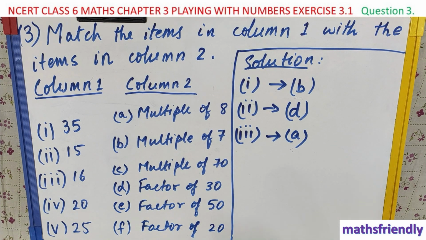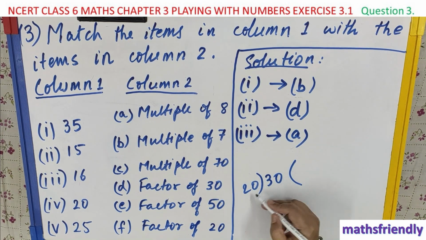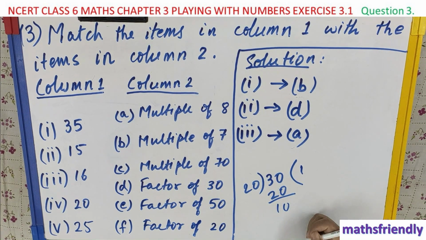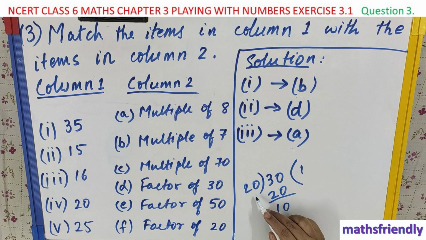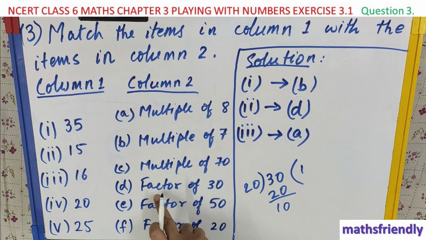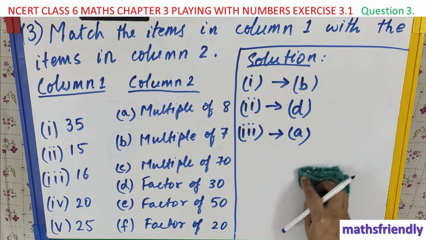See, 20 ones are 20, the remainder is 10. It means 30 is not completely divisible by 20. So we can say that 20 is not a factor of 30. Means this will not match with this one, right? So we have to check for the next option.